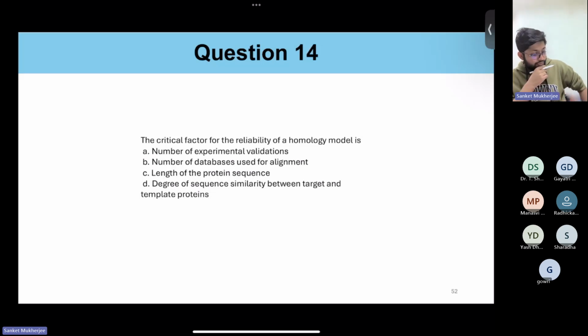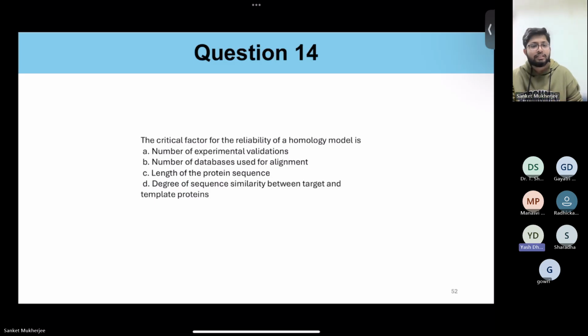The critical factor for the reliability of a homology modeling is the number of experimental validations, number of databases used for alignment, length of the protein sequence, or the degree of sequence similarity between target and template protein. What would be the answer? Any answers?